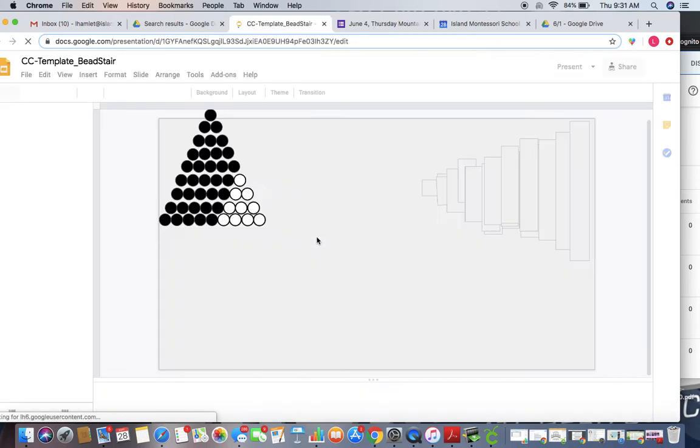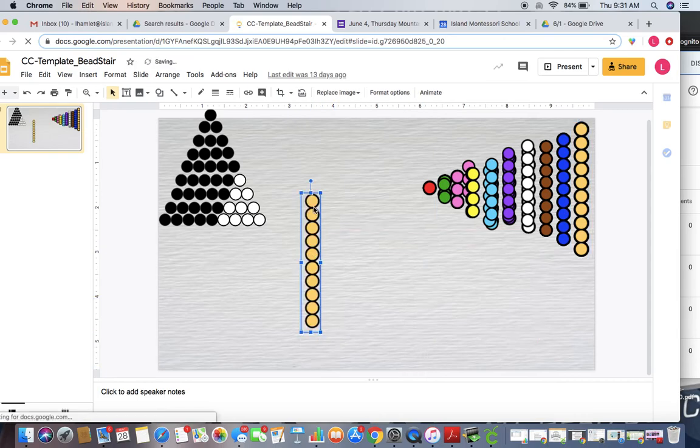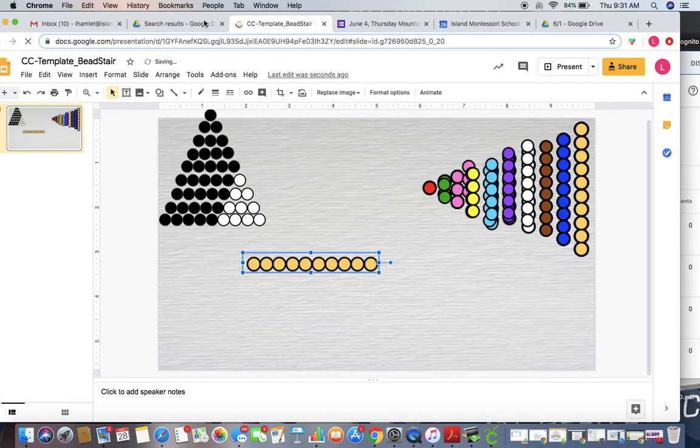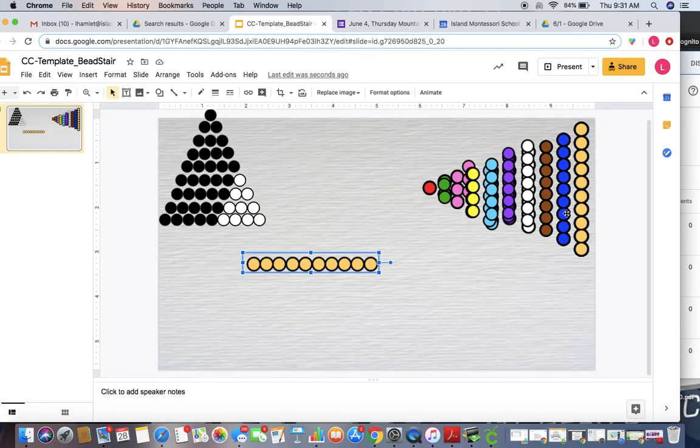So what we can do is take those 10 that we know are in June, and we can subtract from those the 7 that we know are in September and see how many are left over. That key phrase of how many more.